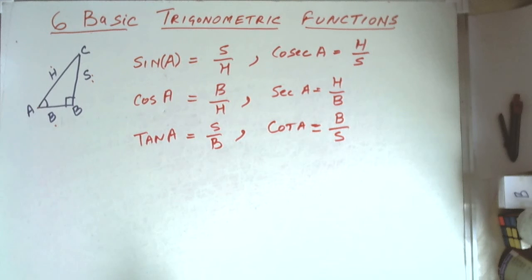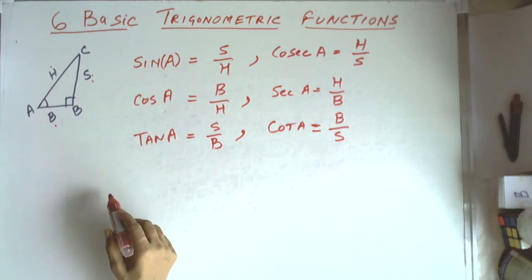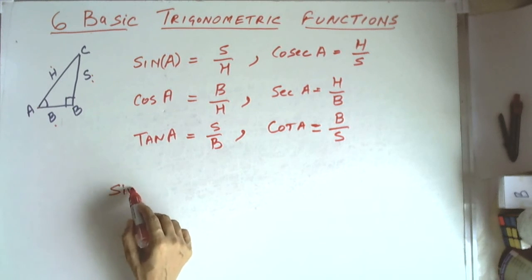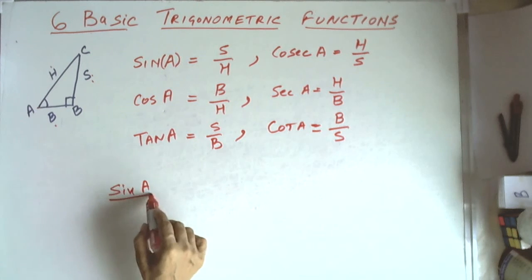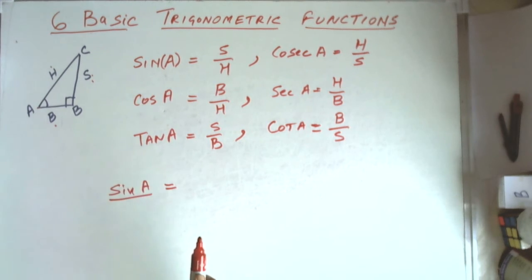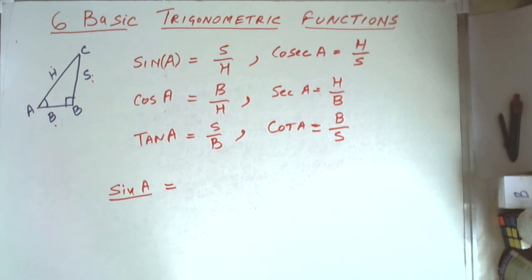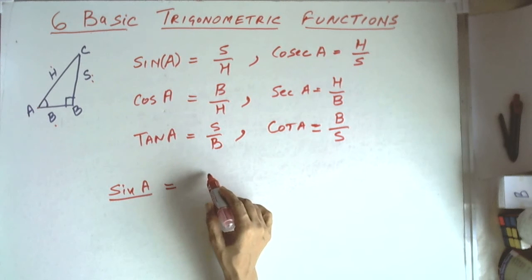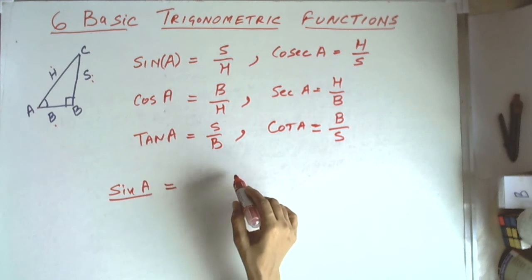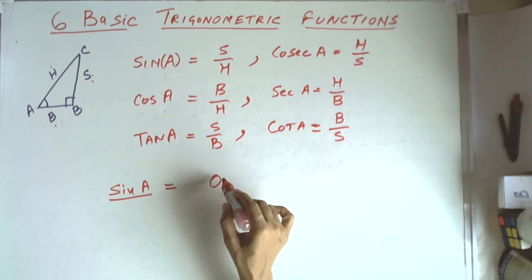Now let us first look at sine. When we look at sine, hypotenuse is in the denominator, and as we know, the hypotenuse is the longest side of a triangle. Therefore, the value of sine will always be between 0 and 1.